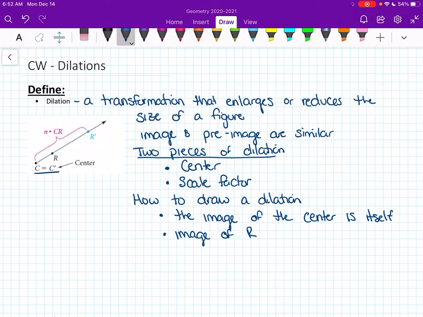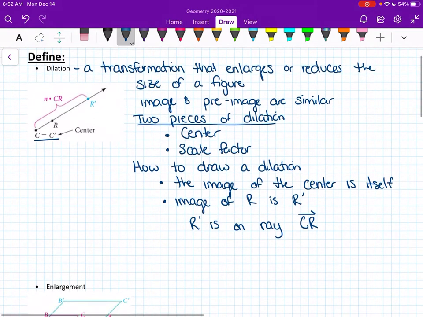Okay, so the image of R is R prime, and R prime is on ray CR, all right? And then the distance between the image and the center is going to be the scale factor times the old distance, okay?